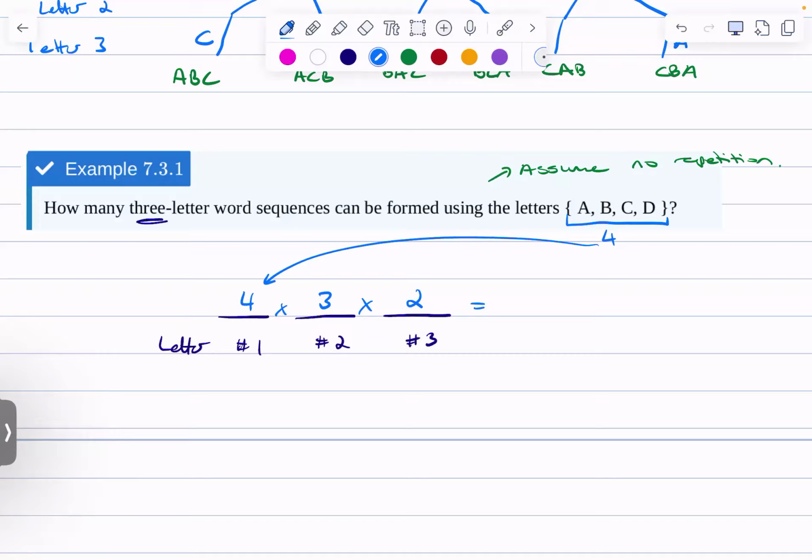Although multiplying by 1 doesn't do anything, so we wouldn't put it down, it wouldn't change the answer. 4 times 3 times 2, I'm going to go with 24.